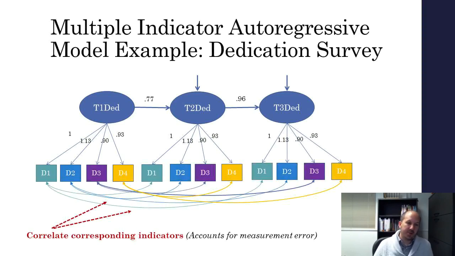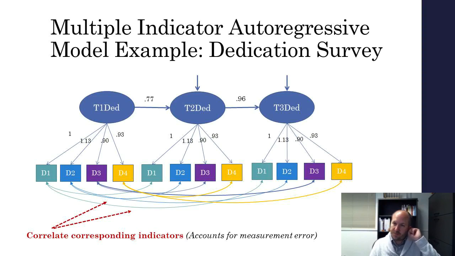So for example, you can see here I've color-coded the correlation. So we can correlate this. And when we correlate each of these, we're actually correlating the error term, not the actual item there. So this accounts for measurement error.